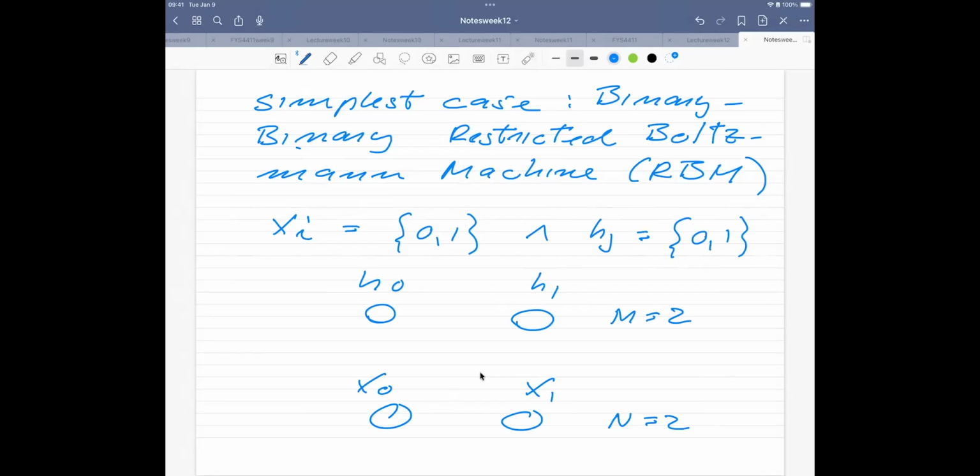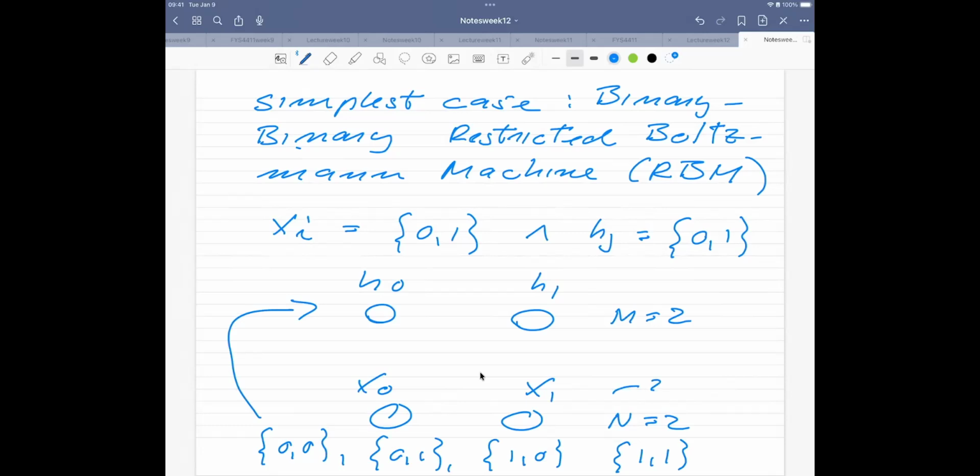What this means is that I can have the following input values. I can have 0, 0, because it's a binary system. I can have 0, 1, and I can have 1, 0. And at the end, I can have 1, 1. The same applies to the hidden nodes as well. So for this binary system, I have 2 to the n possibilities here, and 2 to the m possibilities here.